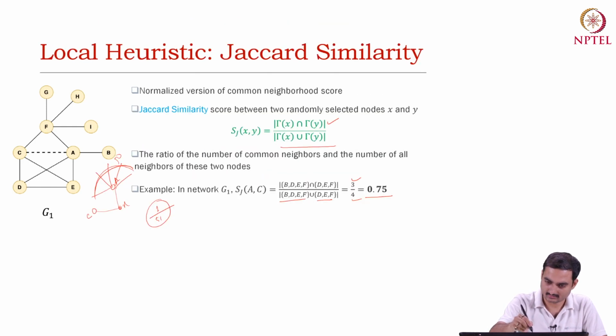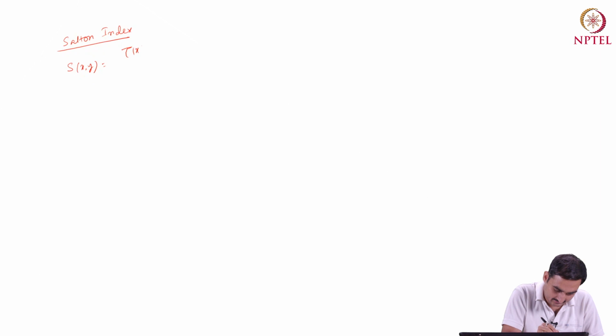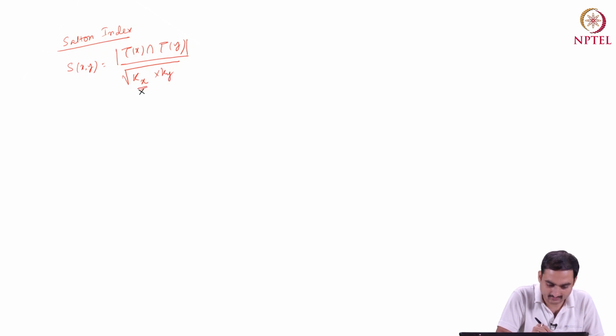So let us look at some other metrics. One is called the Salton index. What is the Salton index? The Salton index between x and y is the cardinality of the intersection of the neighbors of x and the neighbors of y, divided by the square root of k sub x times k sub y. k sub x is the degree of x and k sub y is the degree of y.